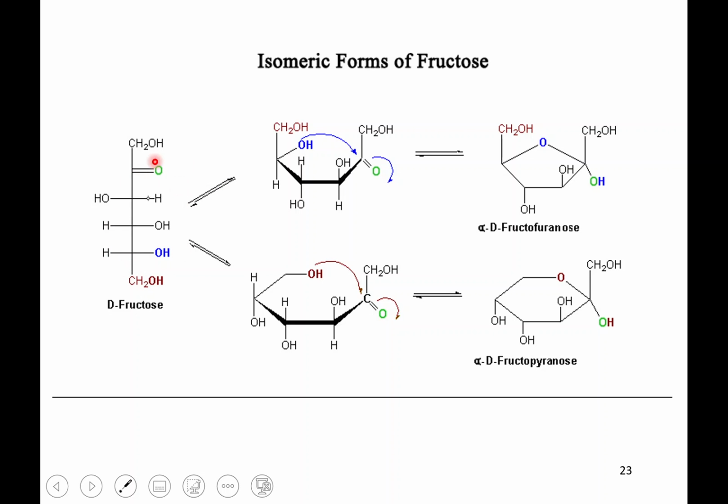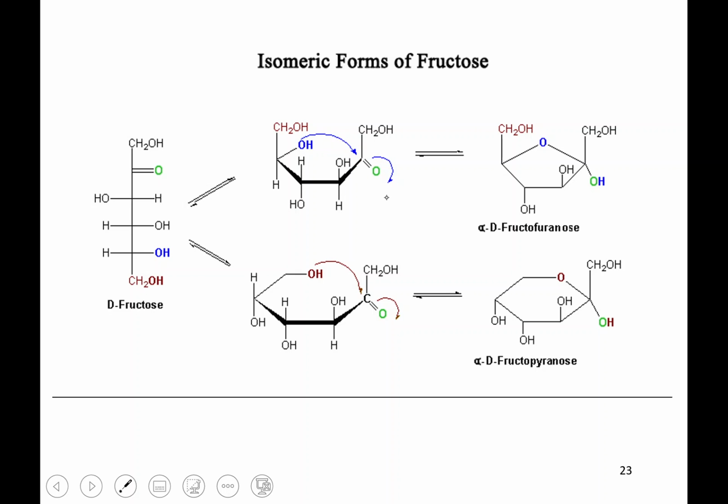So the ring that we're going to form is going to be 1 member shorter. Drawing it in an easier picture to see how this ring forms, this is our OH group on carbon 5. It attacks carbon 2, not carbon 1, and we're going to get a 1, 2, 3, 4, 5 membered ring: 4 carbons and 1 oxygen. That is shown here.